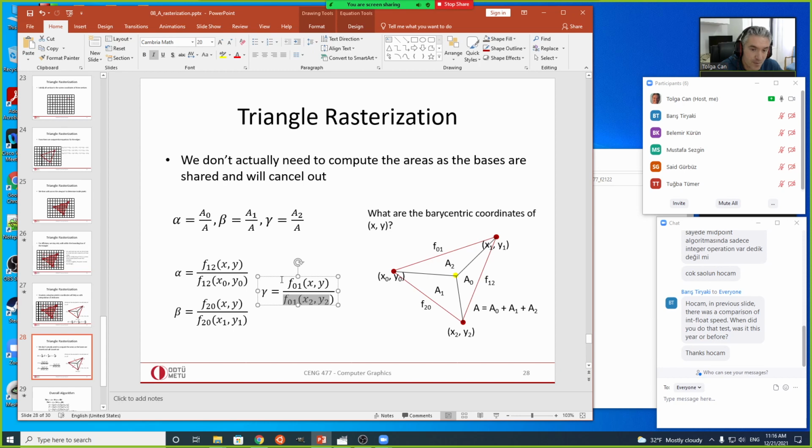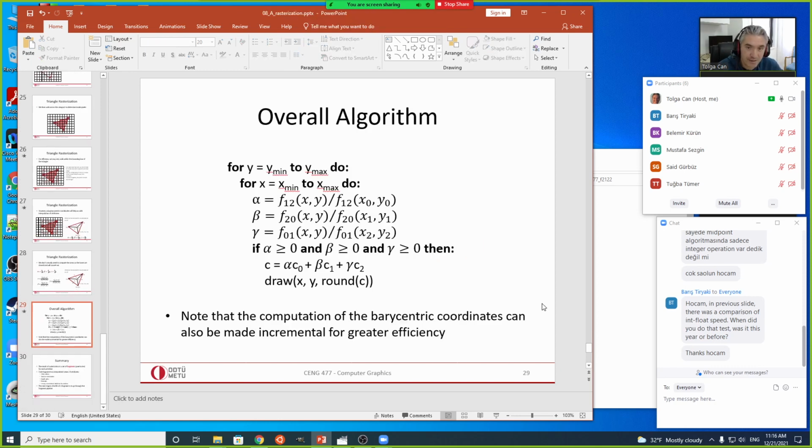If all of them are positive, it means the pixel is inside the triangle. Since we are computing alpha, beta, gamma for interpolation anyway, we can also use them for inclusion tests, to understand whether a pixel is inside or outside.